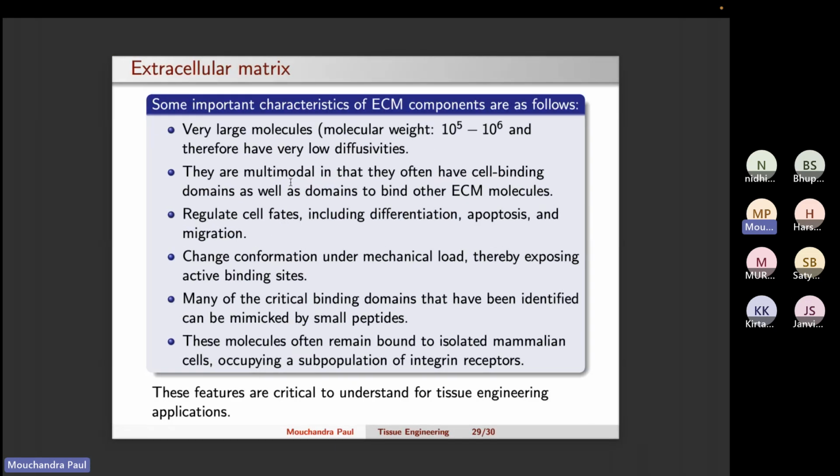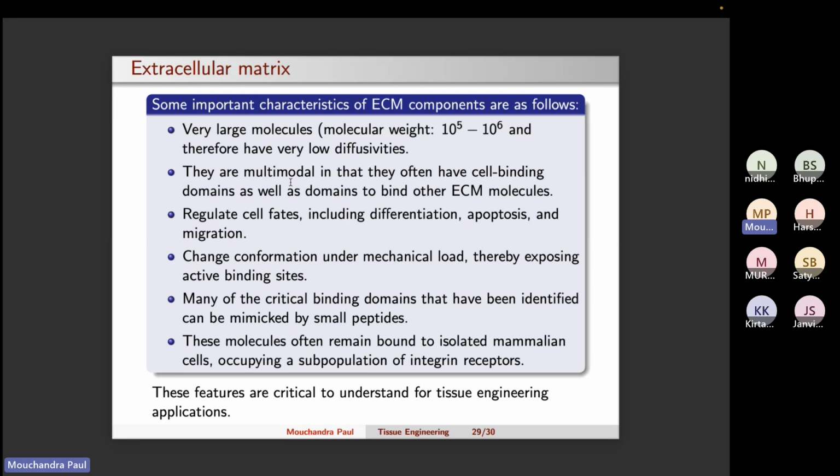So what are the important characteristics of the ECM components that we see? The components that we saw, collagen, fibronectin, etc., are all of very high molecular weight, meaning these are very large molecules. Because they are very large, they cannot diffuse that fast.